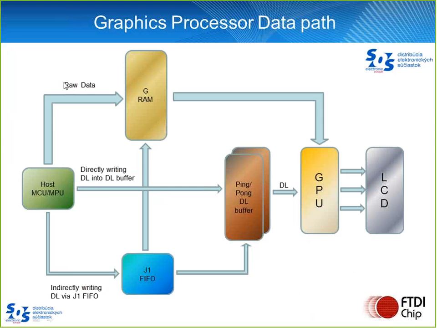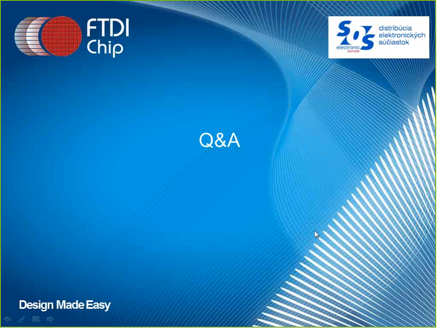The GRAM would be dealing with raw data, so this would be a bitmap image. And finally, our FIFO will be dealing with more complicated widgets like calculation, clock, that kind of thing, when you're having to set a time for the clock. Okay, we've reached the end of that section.